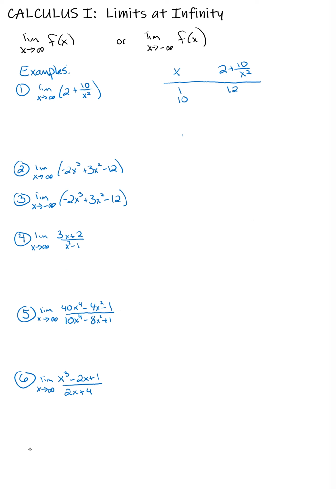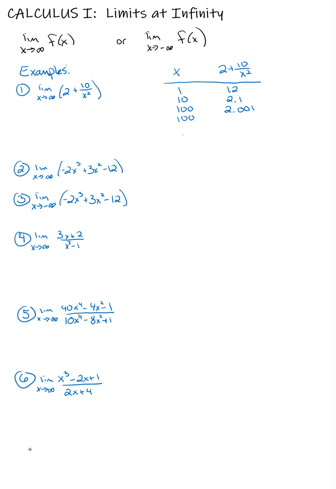At 10, 2 plus 10 over 10 squared would give us 2 and 1/10. How about if x is 100? 2 plus 10 over 100 squared takes a little more computation, but we end up with 2 and 1/1000th.